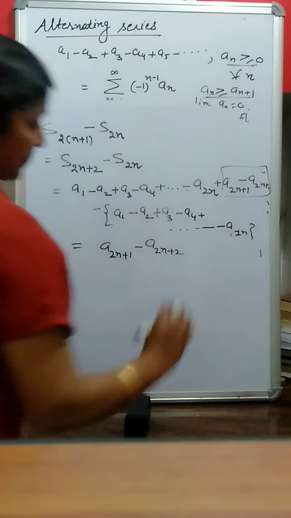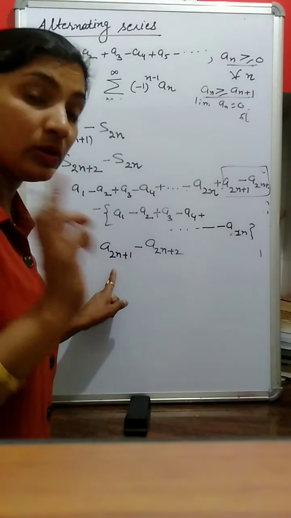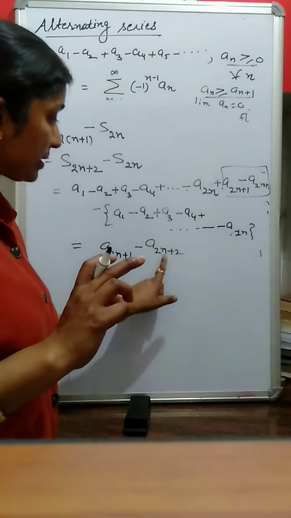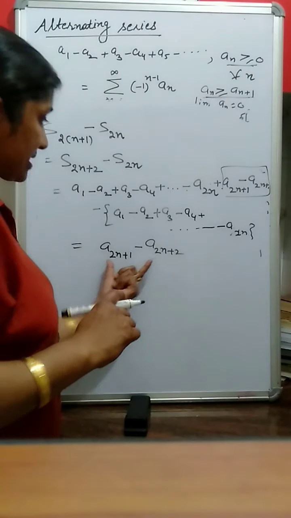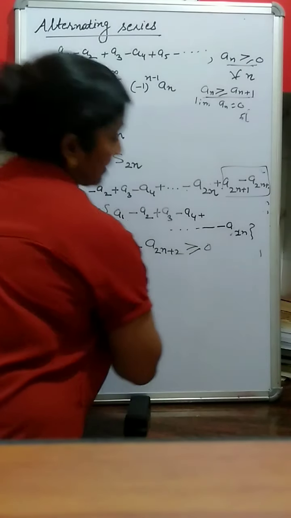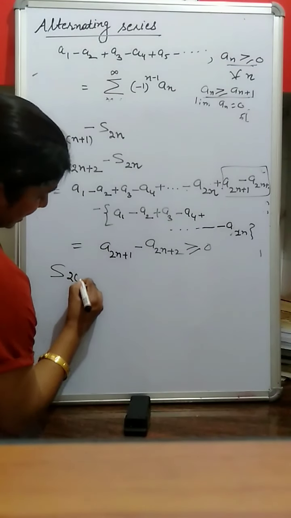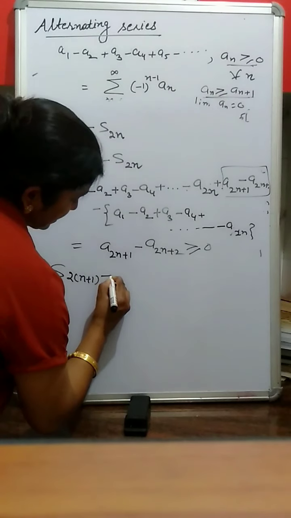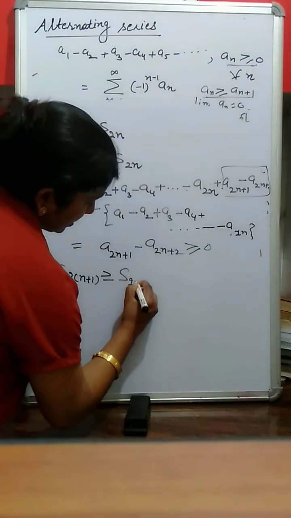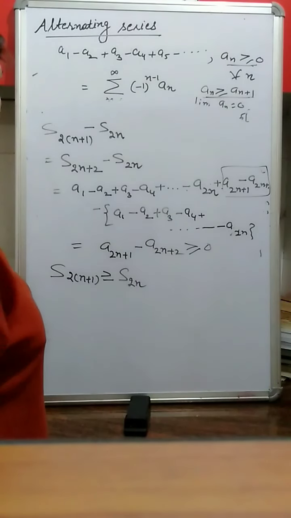And you know each term with a lower suffix is greater than or equal to the term with a higher suffix. So this difference is also greater than or equal to 0. And what do we have? S_{2n+2} is greater than or equal to S_{2n}. Okay?